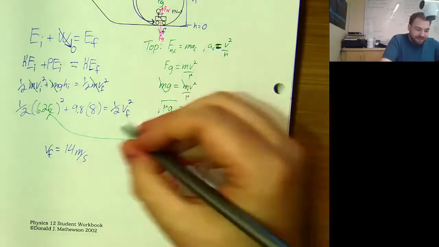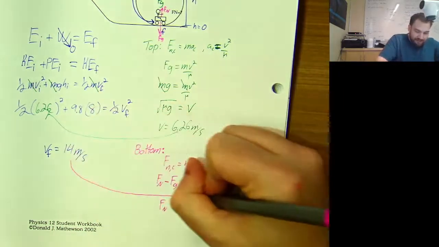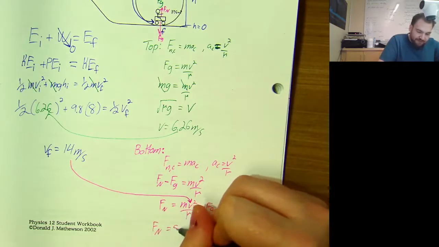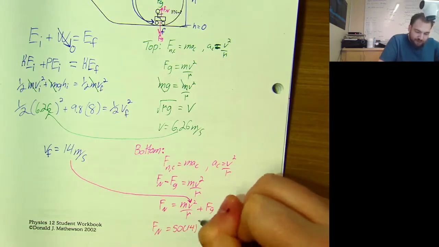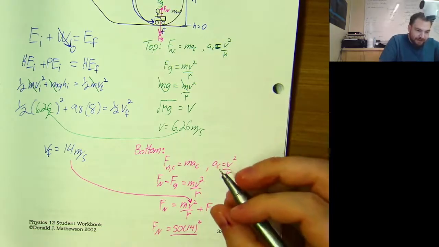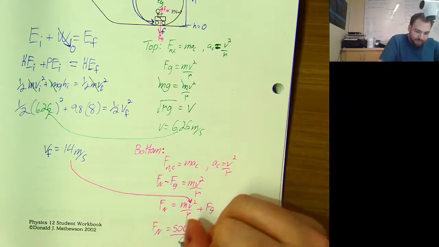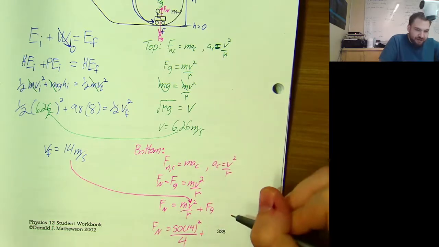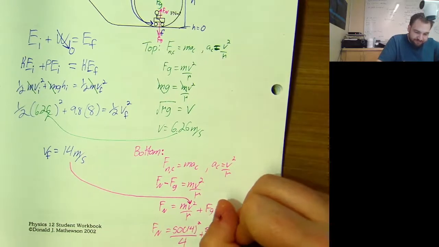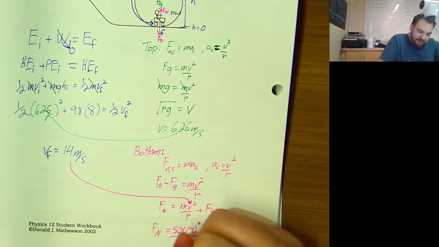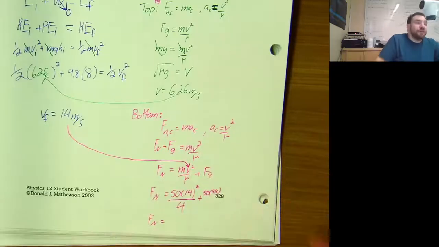This velocity here is going to become that velocity there. So Fn is going to equal 50 times 14 squared over the radius of my loop, which is 4, plus Fg, which is 50 times 9.8. The Fn experienced, or the apparent weight of our rider, how heavy you feel at the bottom of that loop, is what?